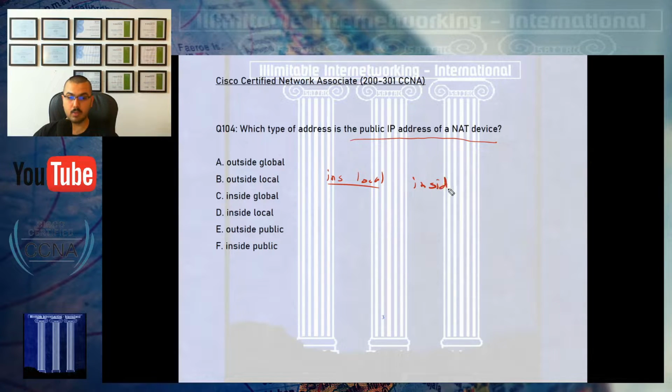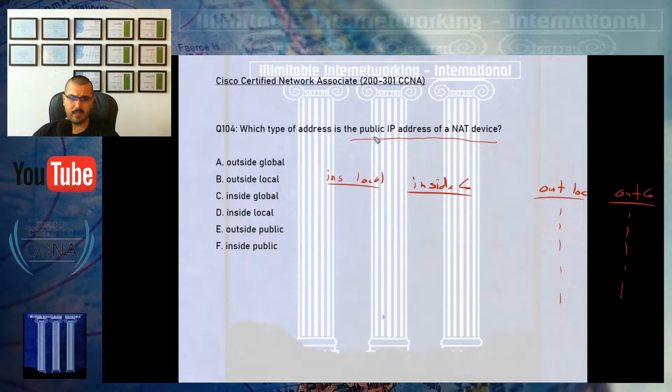Inside global will be the public IP address of your organization. Outside local will be the private IP address of the server or the destination that you are talking about, which is not from your organization, of course. It's through the internet because you are using NAT. And there is also outside global, the public IP address of google.com, Facebook, whatever you're trying to talk about.